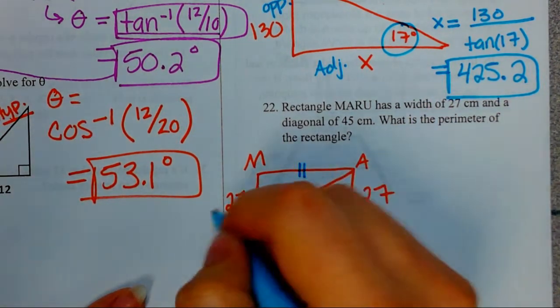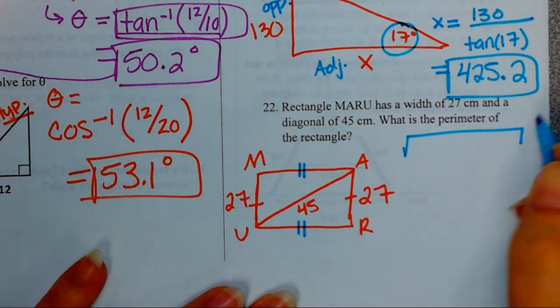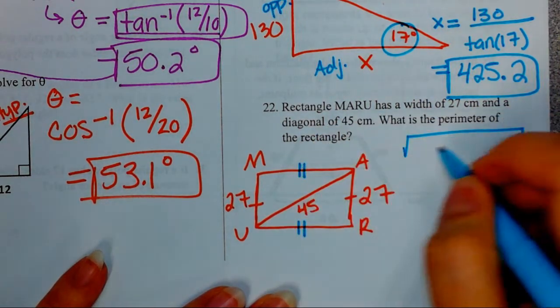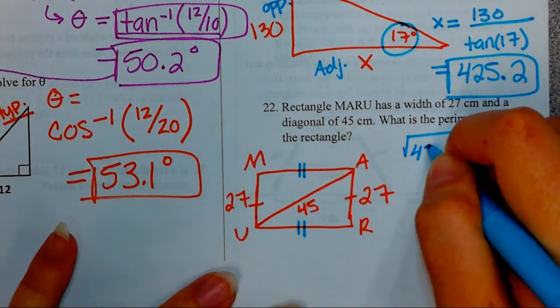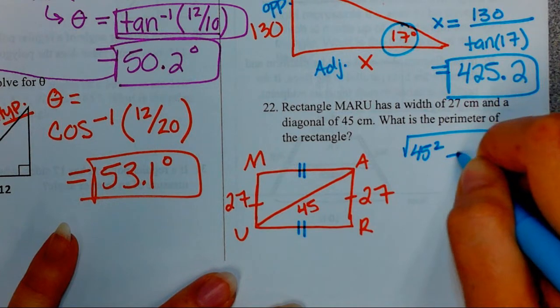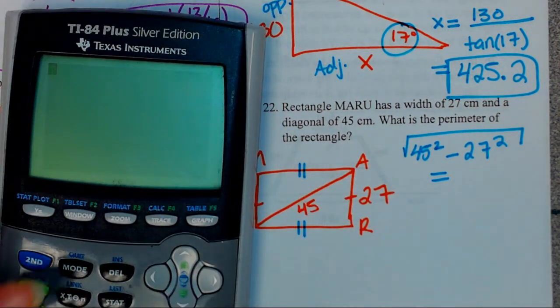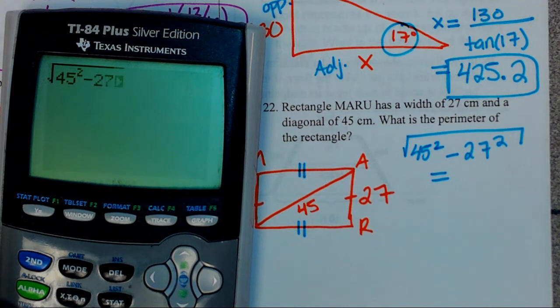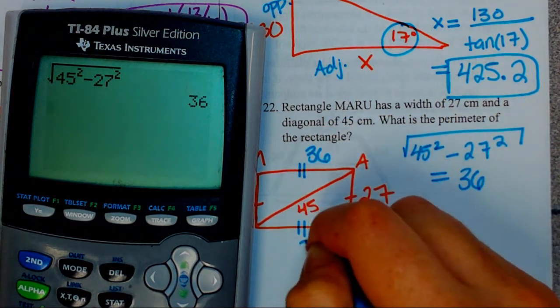Okay, so we have a diagonal, we have a leg. Because we're solving for one of our legs, we need to use Pythagorean theorem, and we're going to subtract this time. 45 squared minus 27 squared. All right, 45 squared minus 27 squared is equal to 36. Okay.